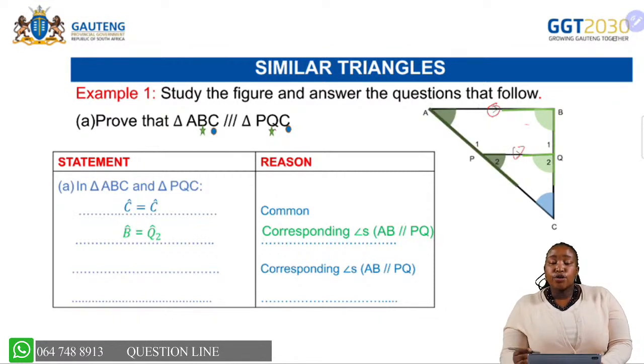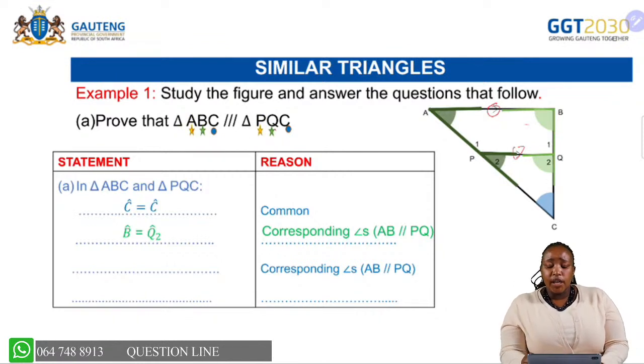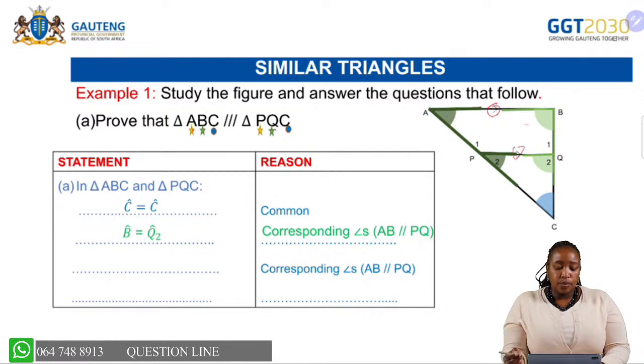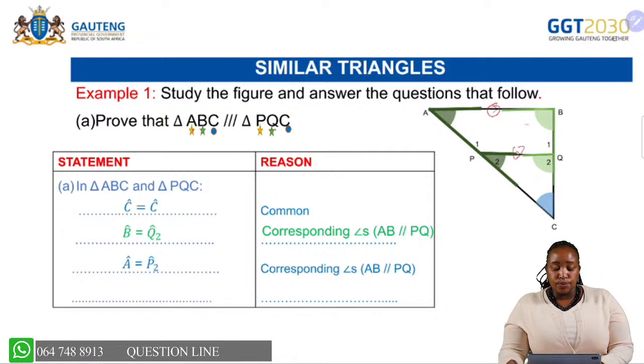Okay, those two angles are corresponding angles. Did you notice? You can just check, does angle A have a relationship with angle P on your notation? Yes, there you go. Angle A corresponds to angle P, and in our case it corresponds to angle P2. Okay, so angle A is equal to angle P2.